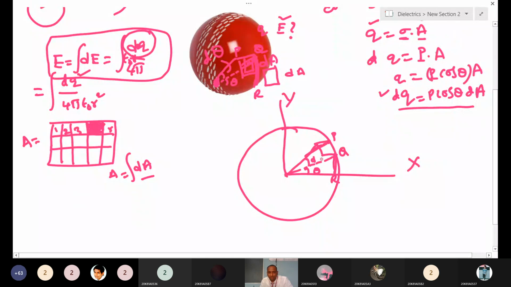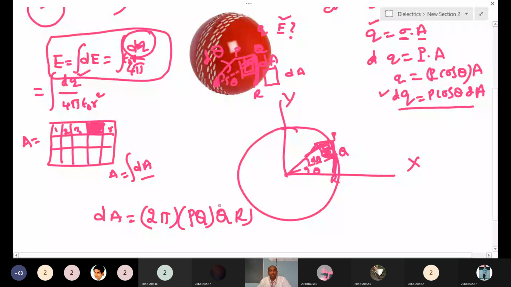Now we have to estimate this total area, so first you measure the length and the width. For that you have to estimate this angle and that angle. So dA equals 2 pi, since we are covering 360 degrees throughout the sphere, times PQ and QR.